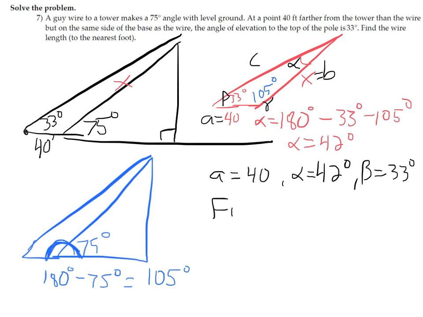And find B. Now, if only they'd given us this problem, we would be happy, because that's not very hard to do. In fact, we have an opposite pair, and the piece we're needing is opposite of the 33 degrees. So that's awesome. All we have to do is set up a law of sines, B over sine beta equals A over sine alpha.